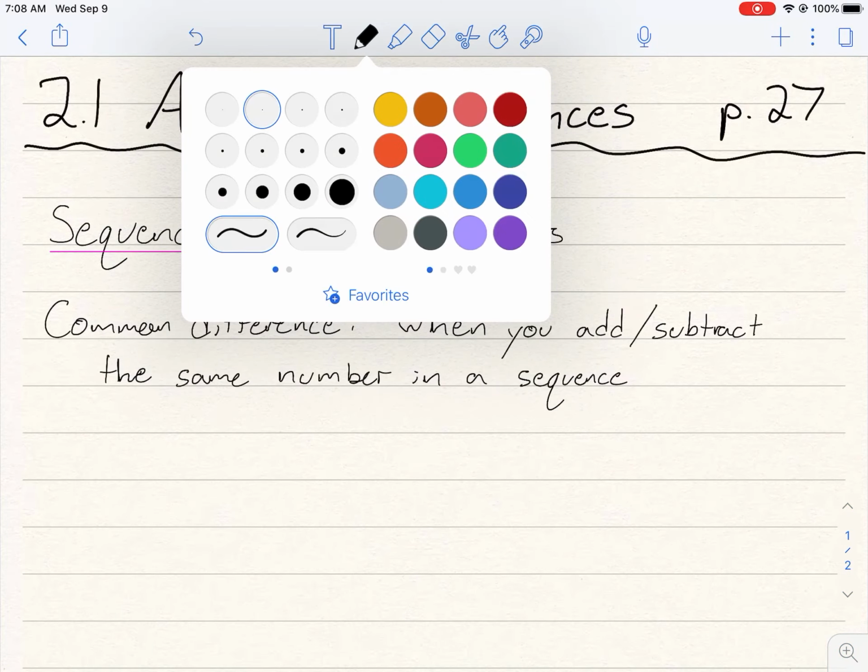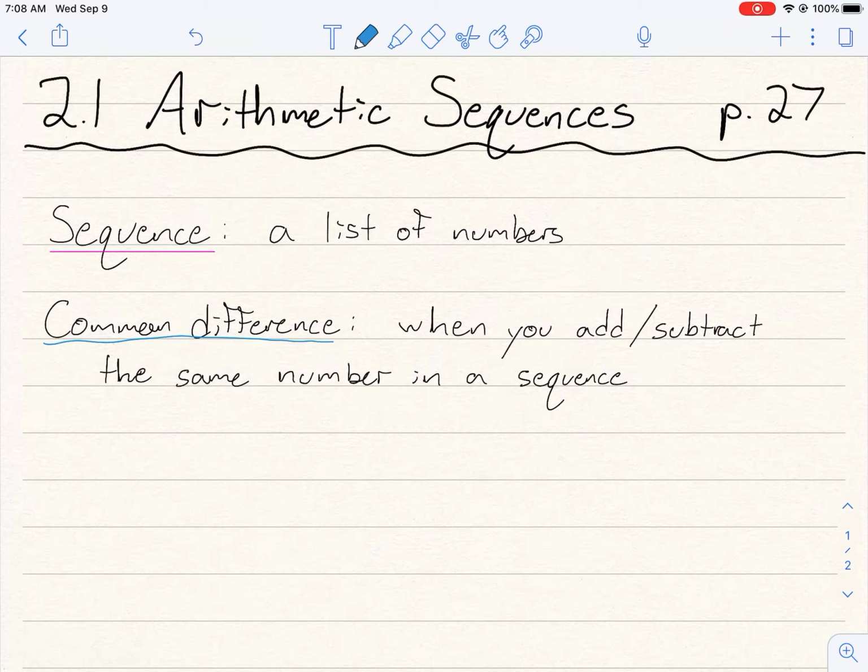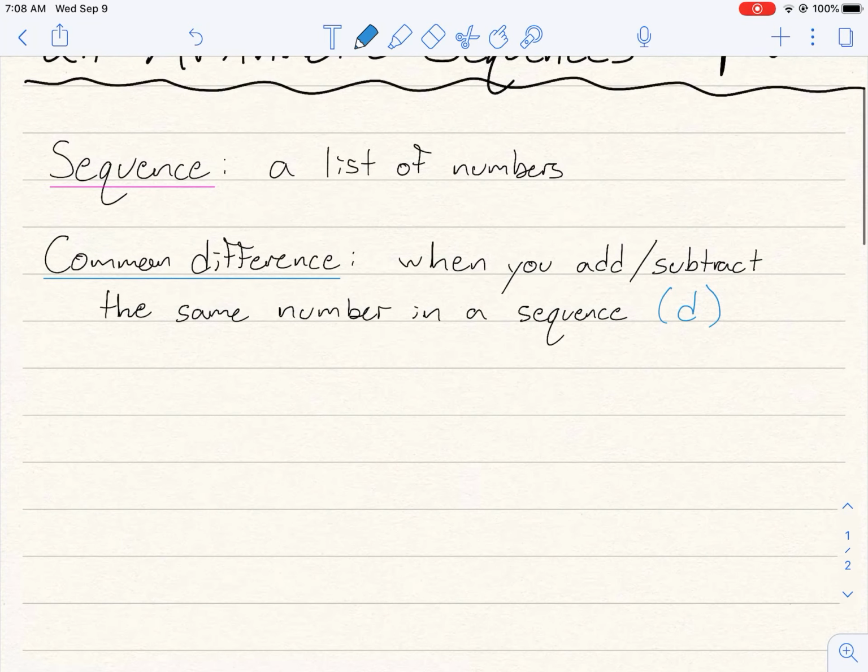And for common difference, we're going to use the variable of lowercase d. So anytime you see d pop up, that means our common difference.